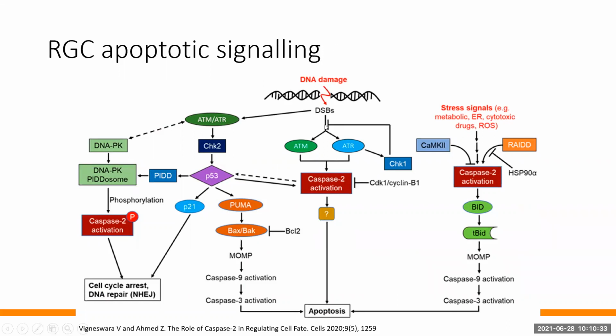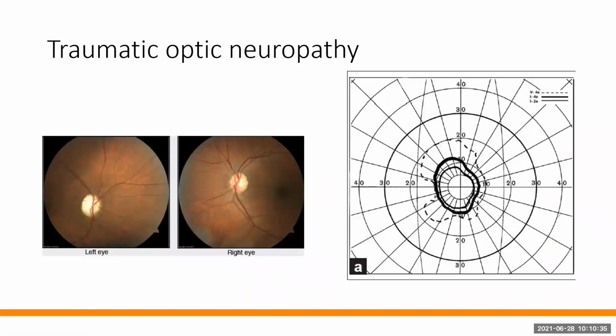But the main feature to take away from this is that we don't have an effective treatment for traumatic optic neuropathy. Steroids don't work in this condition, and they have been tried extensively. So there's really a strong need for neuroprotective therapy.